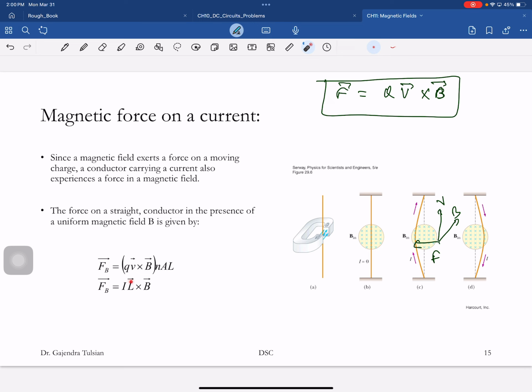The length vector points in the direction of the current. So the force on a current-carrying conductor is I L cross B. If I is 0, there are no charges moving and the force is 0. If the current is parallel to the magnetic field, there's no force on it.